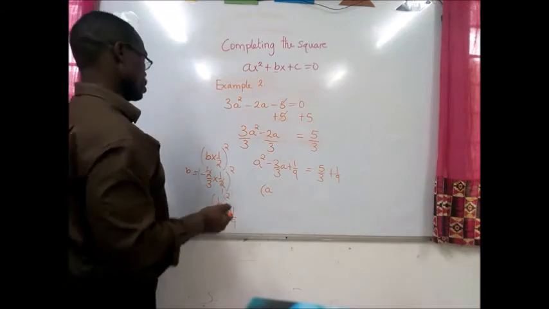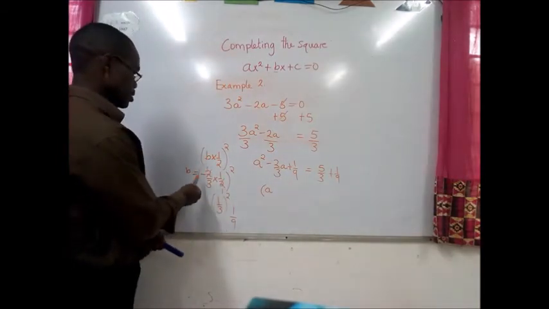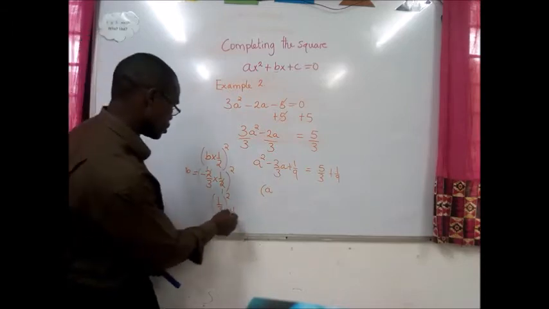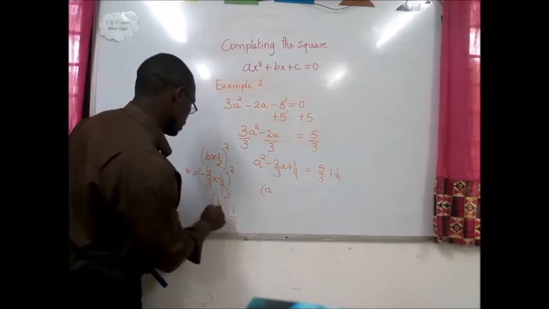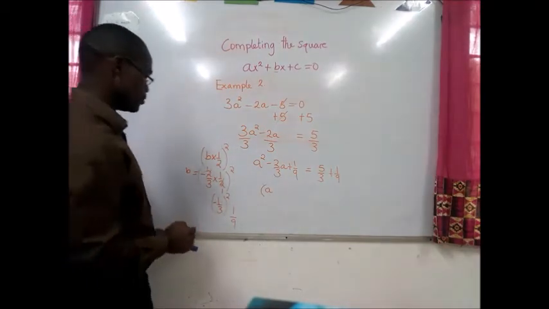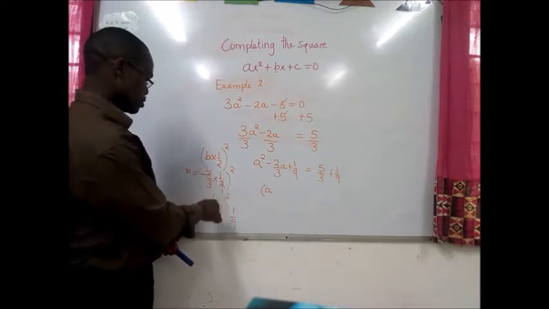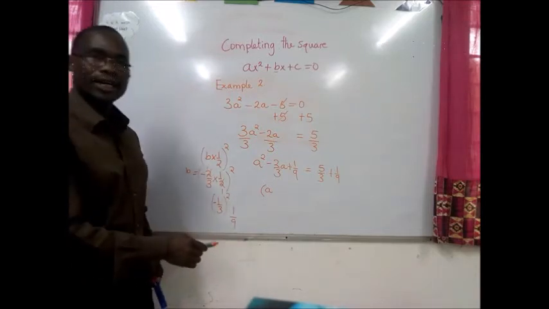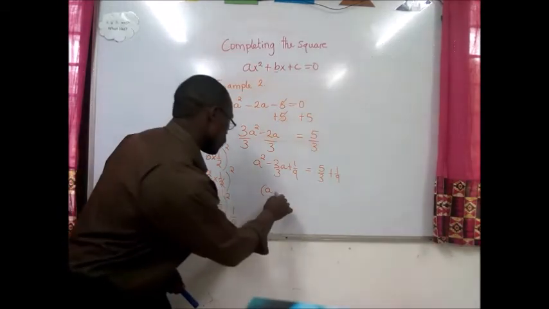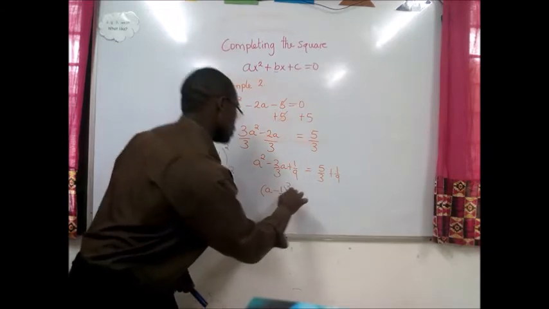Okay? So when we put it in this form now, what is b times half? Our b, we have already said, is negative. It's negative because it was negative here. So here it is negative 1 over 3 squared.